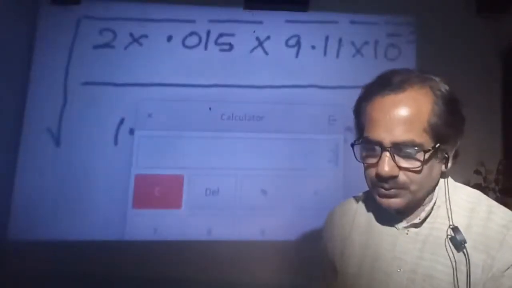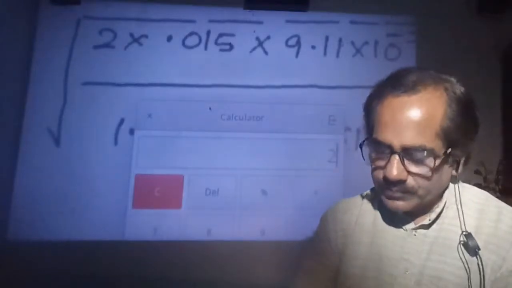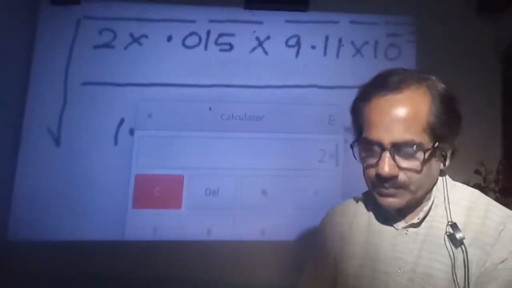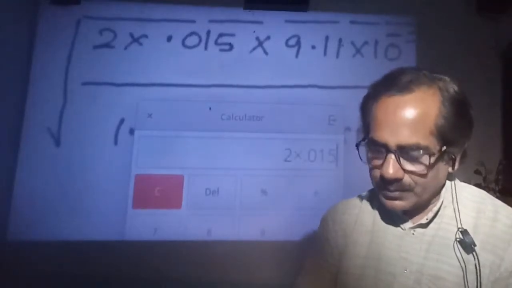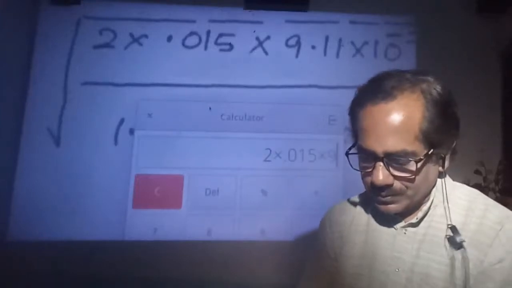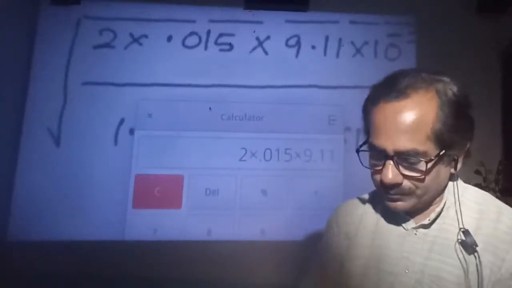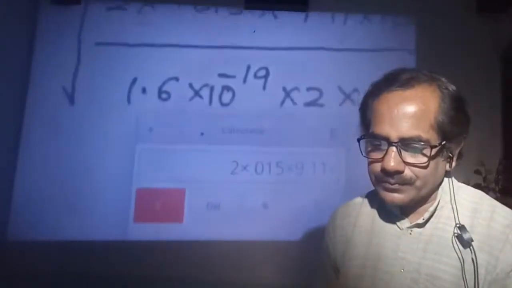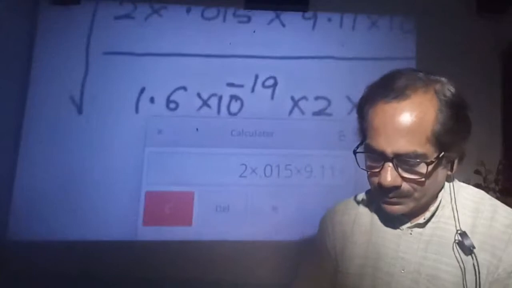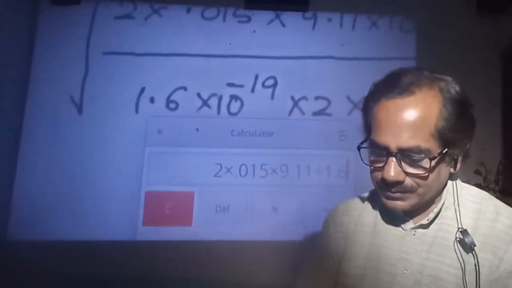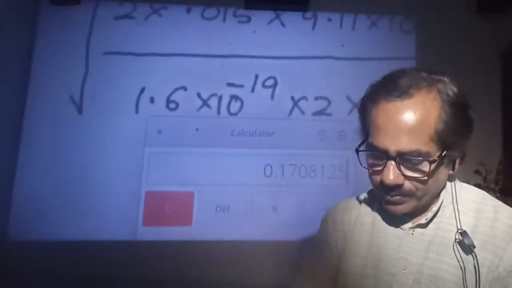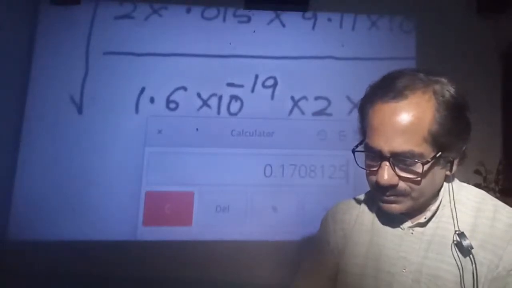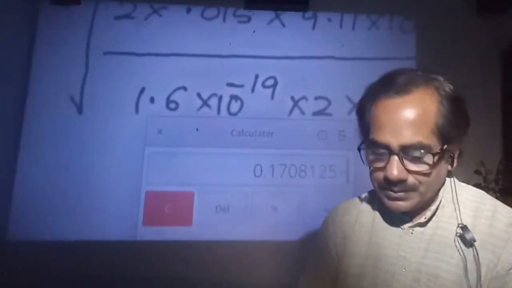It is 2 multiplication 0.015 into 9.11 divided by 1.6 divided by 2.